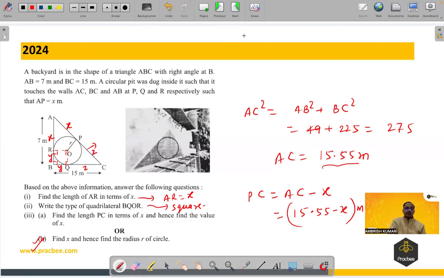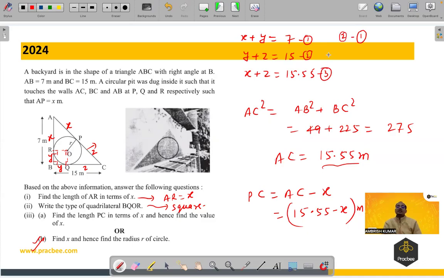You will be having equations: x plus y, that is A to B, is 7. y plus z is 15 and x plus z is 15.55. These are equations number 1, 2, 3. Just subtract equation 1 from equation 2. So if you subtract this, y got cancelled. So z minus x equals 15 minus 7, 8.